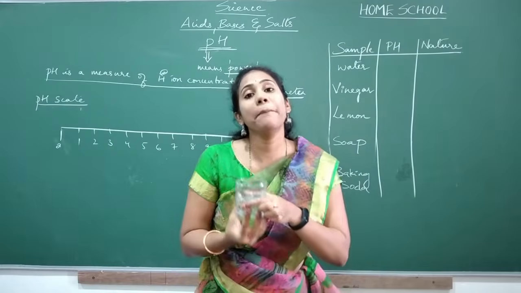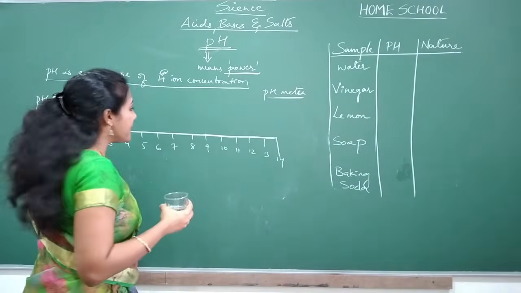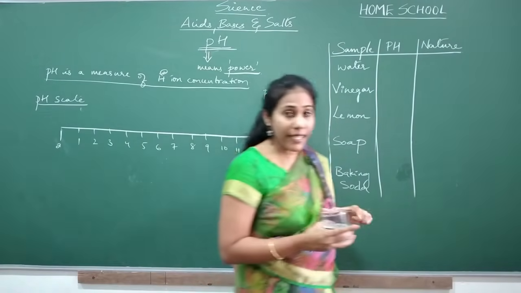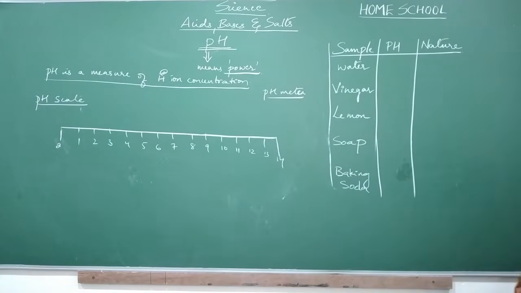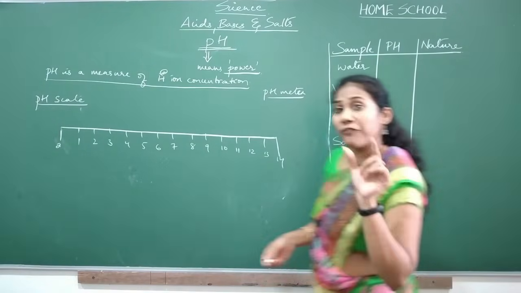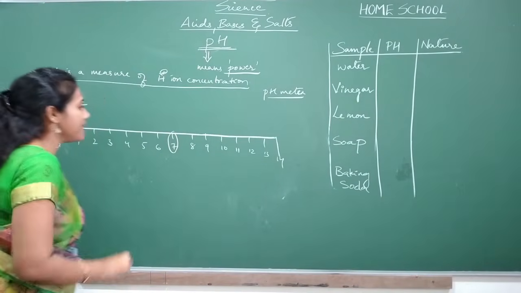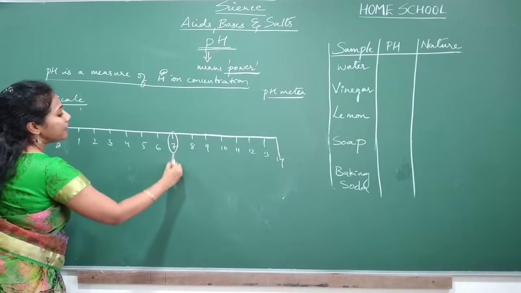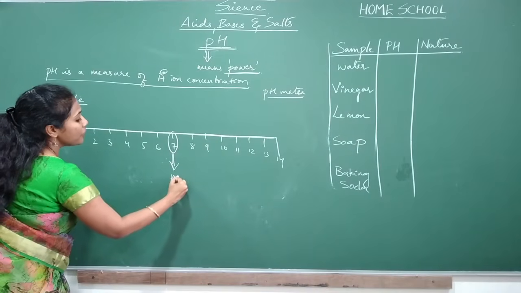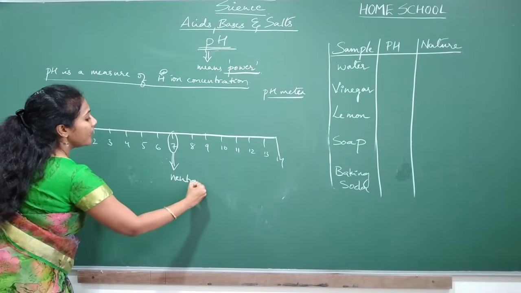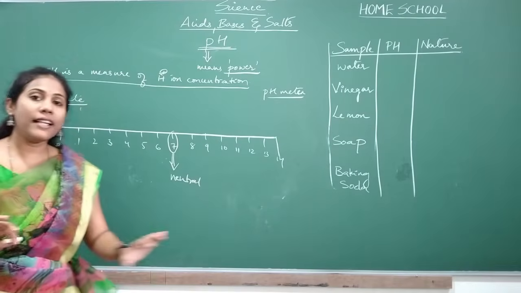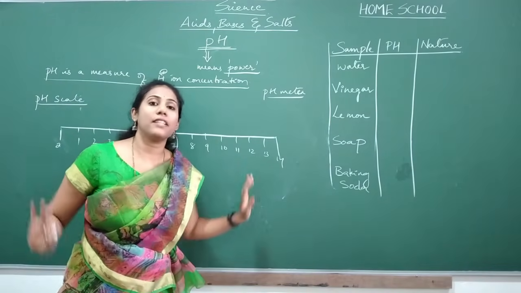It will show a number between 0 to 14. So if we get a number 7, then it means the solution is neutral. Neutral in the sense it is not acidic, it is not basic also.